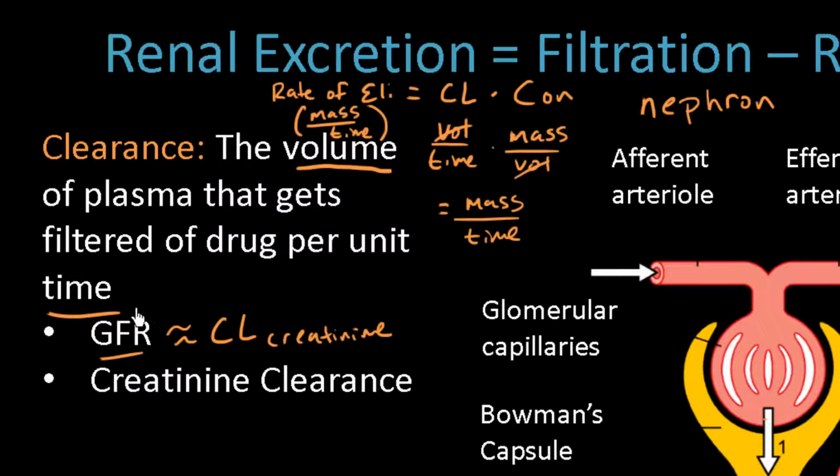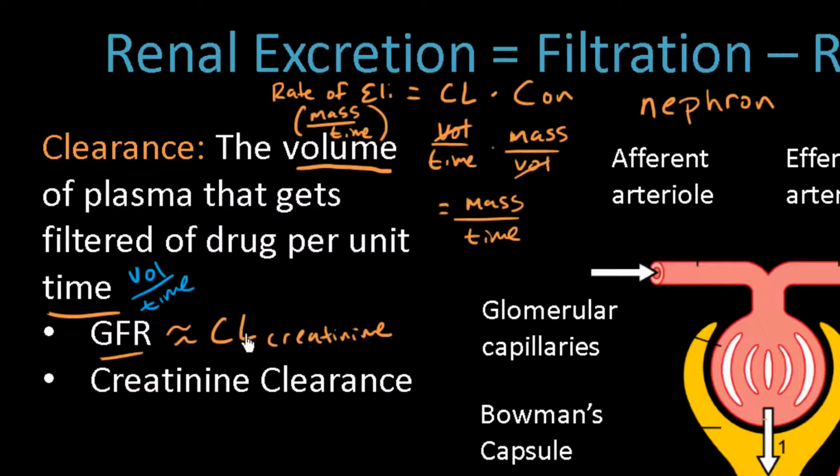Now the glomerular filtration rate is really just a flow rate. It is a volume divided by time. It does not tell us how much drug is entering or leaving the system. To figure out how much drug enters or leaves the system over a certain period of time, really again we're talking about something like the rate of elimination, a mass over time. That has to do with the drug.